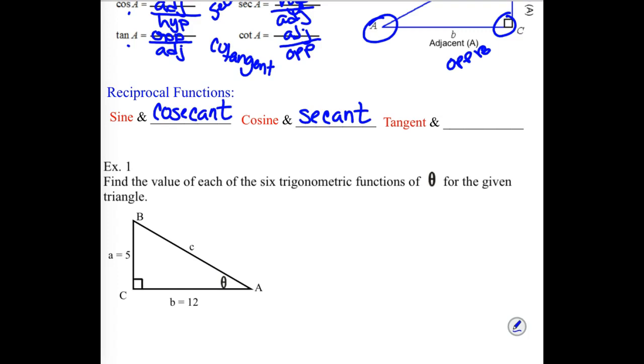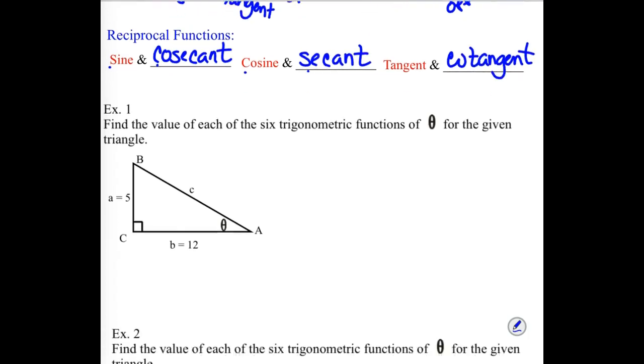They don't go together. So of your 3 main ones, sine, cosine, tangent, when you go to pair up the reciprocal one, you need the opposite letter. So sine goes with cosecant, cosine goes with secant. They only have 1 co-word in the pair. Does that make sense? Tangent goes with cotangent. That's an easier one to remember.